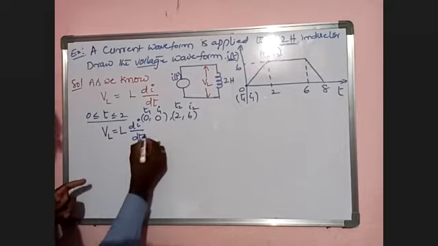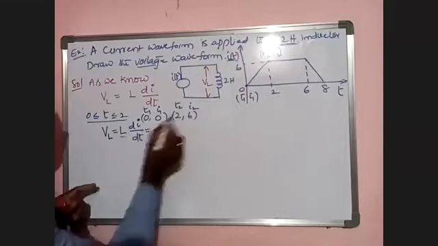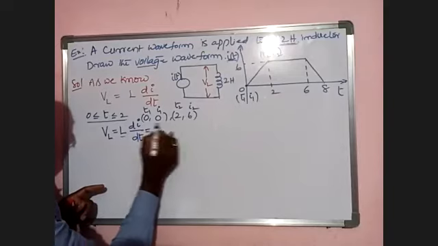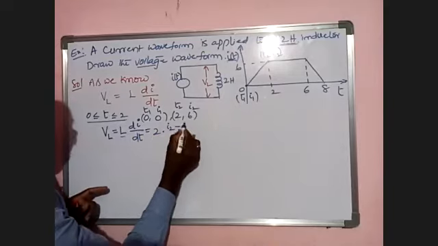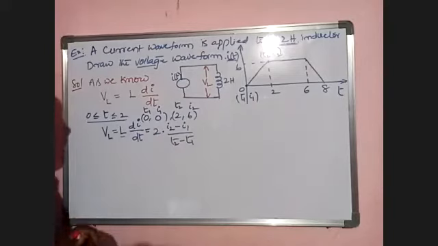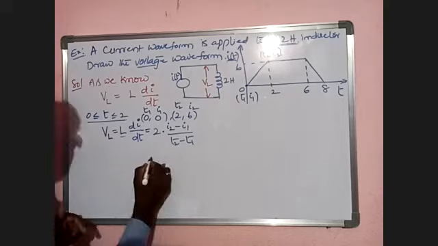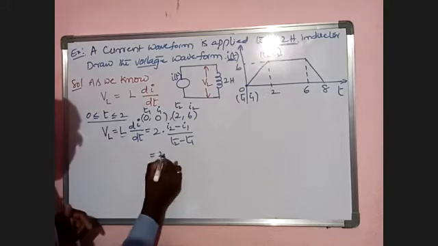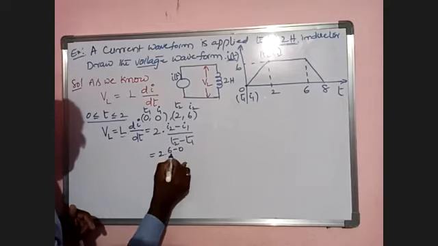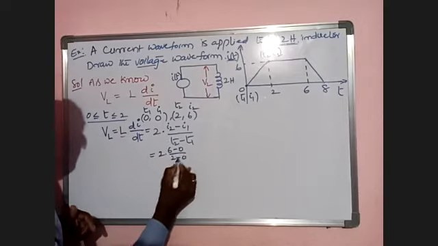Now what is L? L is equal to 2 Henry. So VL is 2 into di, that is I2 minus I1, by T2 minus T1. This gives 2 into 6 minus 0 by 2 minus 0.